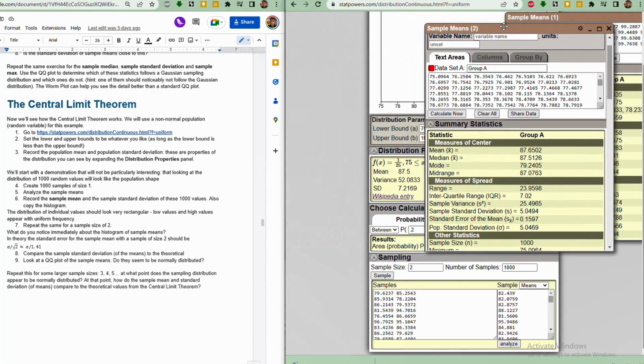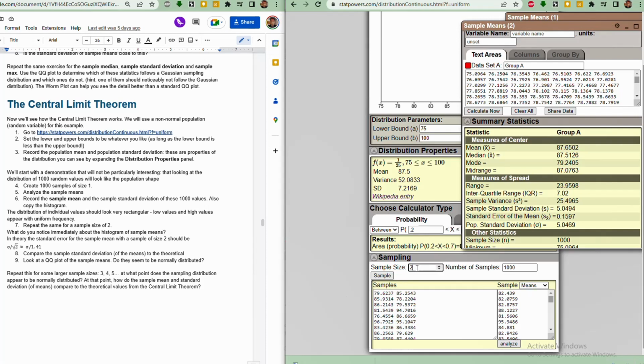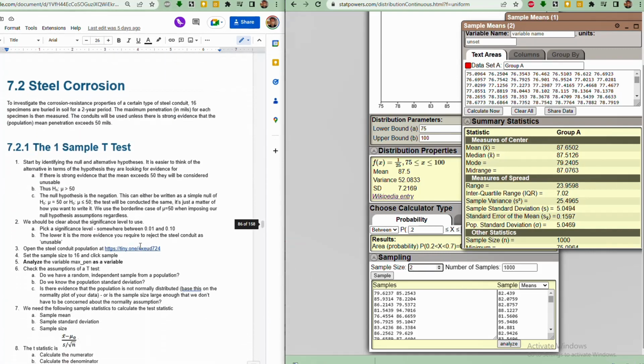You're going to continue that with larger and larger sample sizes, and observe at what point the distribution becomes not really distinguishable from a normal distribution. And that's what the first lab is about.